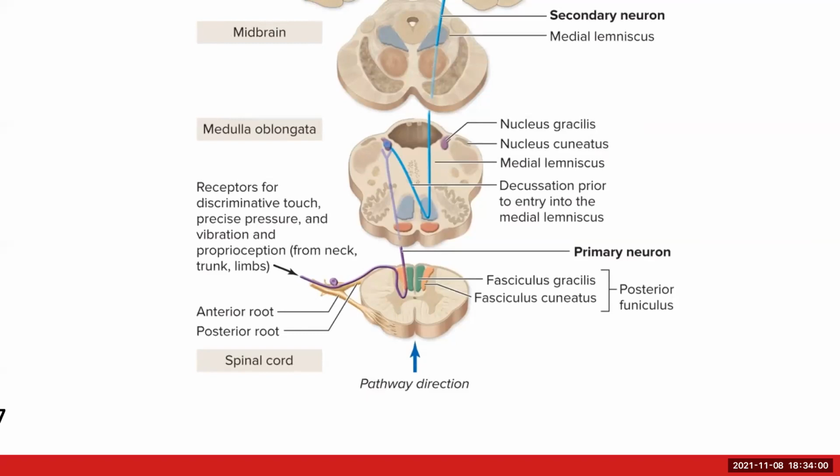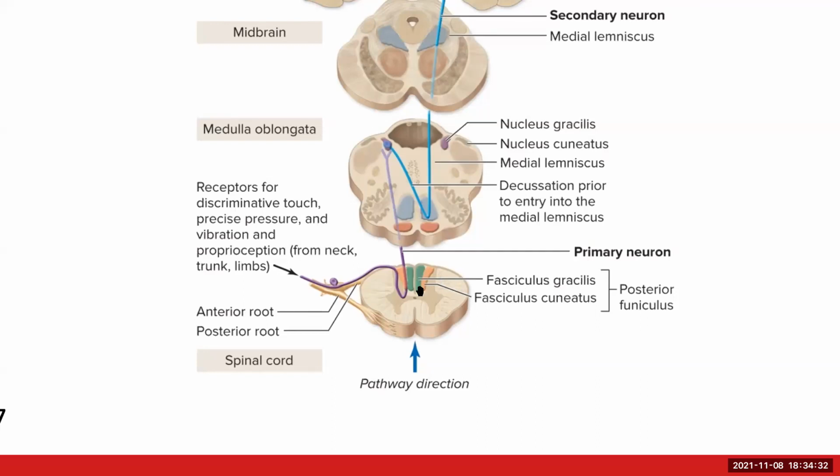If it's coming from your lower extremities or the lower portion of your trunk, that sensory input will travel on the Fasciculus Gracilis. Easy way to remember that, y'all, is remember the gracilis muscle? It's one of the muscles in the medial compartment of your thigh. That's in your lower extremity. So the Fasciculus Gracilis is going to carry that information from the lower extremities and the lower portion of your trunk.